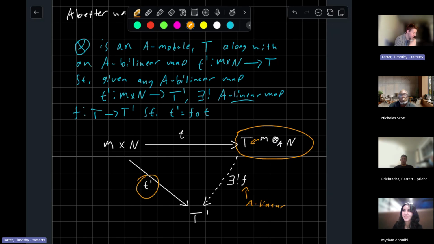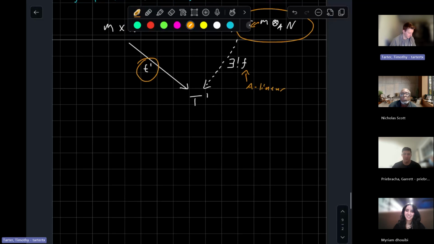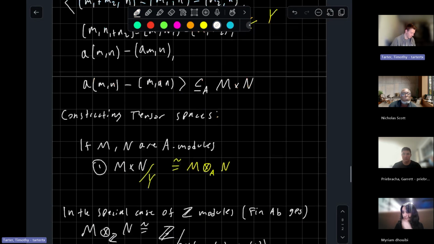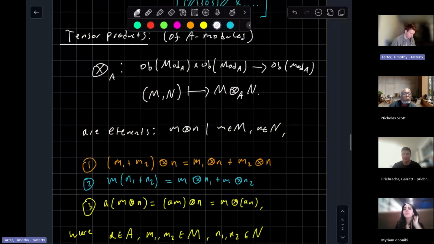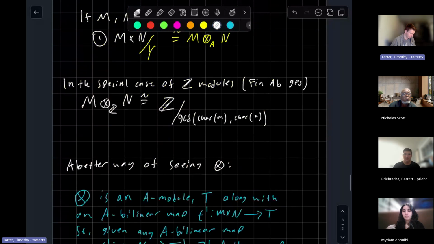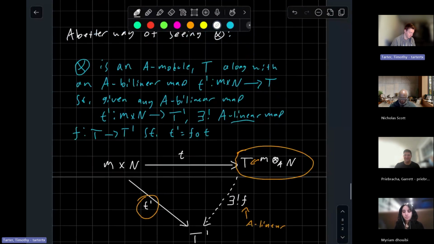So the next exercise to really understand this definition is to show that our previous construction of the tensor product satisfies the universal properties of tensor products.